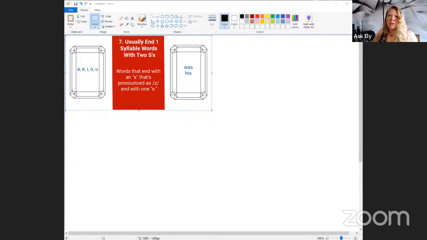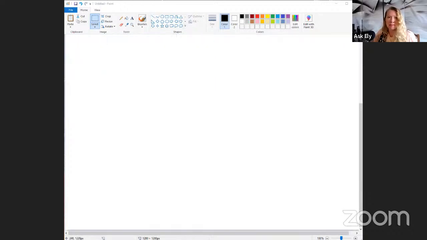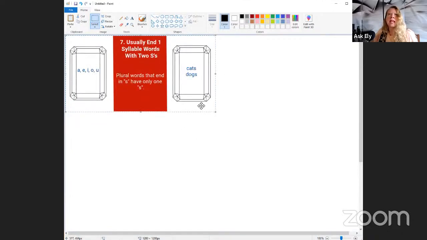So we don't use double S if the S sounds like a Z, right? The other exception is with plural nouns or plural words that end in S that only have one S. So for example, cats, dogs. So if it's a plural, it's only one S. I think most of you know that as well.